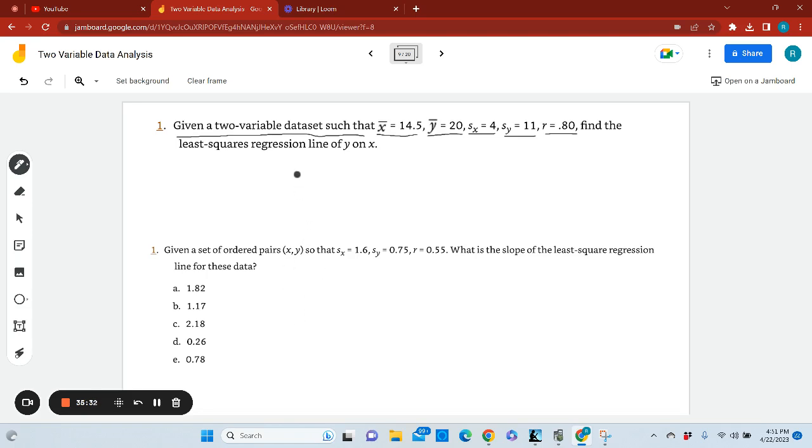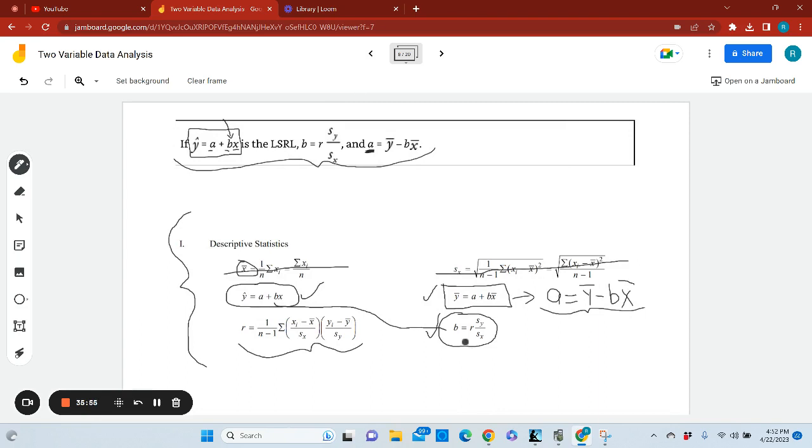If we got this question on the exam, we should be happy because we have all the formulas to solve this. We know that y hat is going to be equal to some y-intercept plus the slope of the regression line times the explanatory variable.